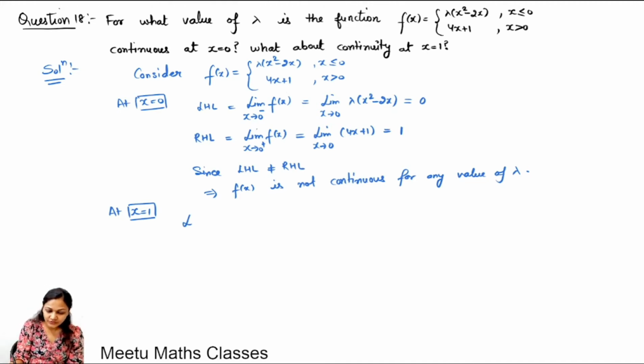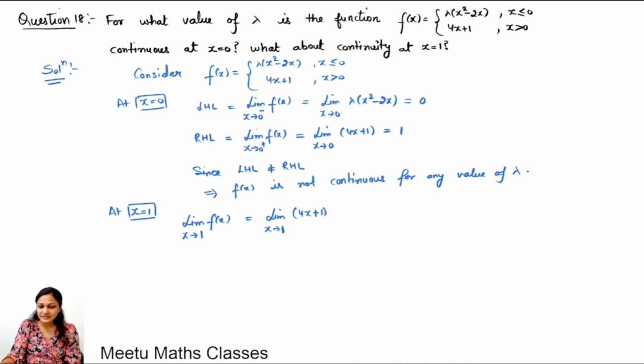So you are going to first calculate the limiting value of your function as x tends to 1, and that will come from 4x plus 1, and by direct substitution we will get 5, and the exact value of your function at x equals 1 will also come from this function, and that is also 5.